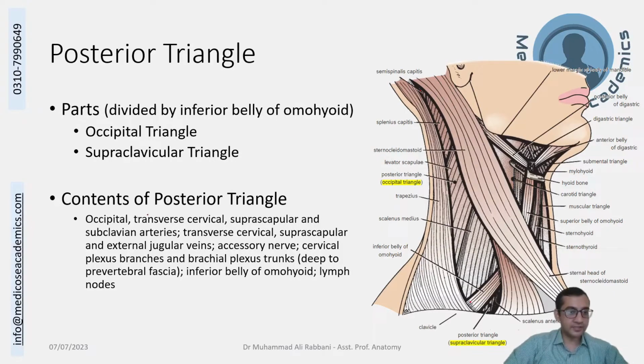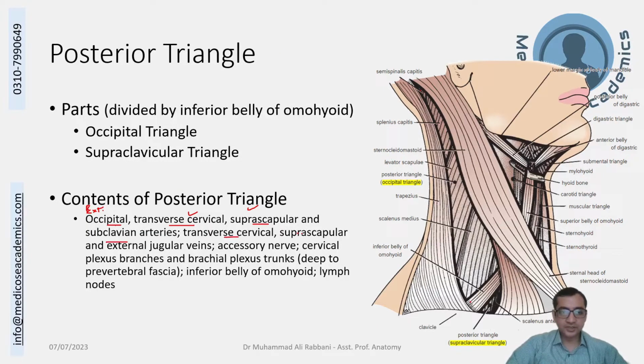So let's see if we have skipped anyone. There will be the occipital artery, a branch of external carotid that goes back, and the transverse cervical, suprascapular, and subclavian arteries. Occipital is a branch of the external carotid artery, not of subclavian, but these others are branches of subclavian.